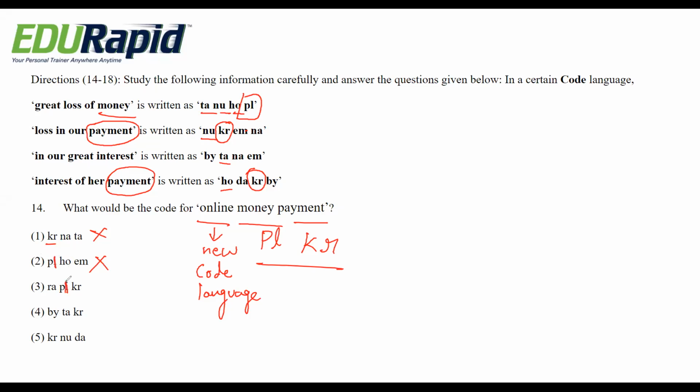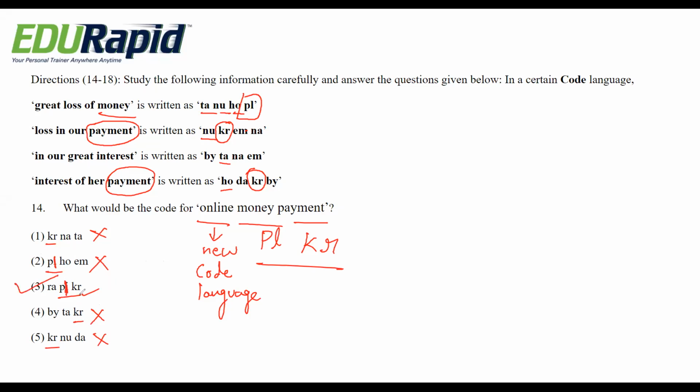Make it PL. Okay, both PL, only PL is there. KR is not present. Here both are possible, PL and KR. Here PL is not present. Here also PL is not present. Only KR and KR, option 4. So the only possible way is option 3.